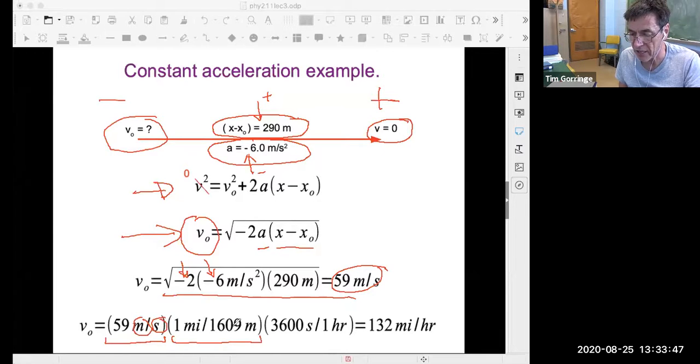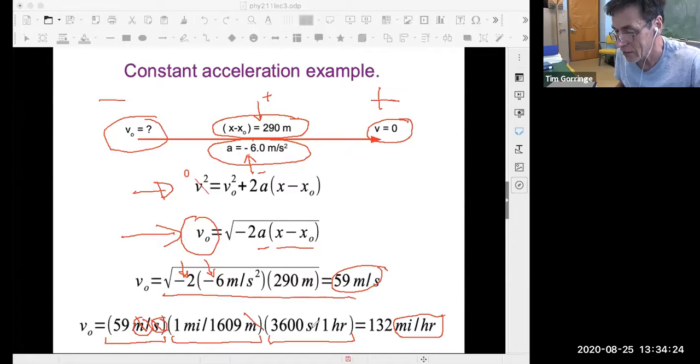So this will change the meters into miles. This meters here will cancel with this meters here. And for this conversion factor, there are 3,600 seconds in an hour. This will change the units of seconds into hours. So it'll get rid of the seconds here, and we'll end up with miles per hour. And if you do that, it is 132 miles an hour. So he or she wasn't just breaking the speed limit. It was almost twice the speed limit.